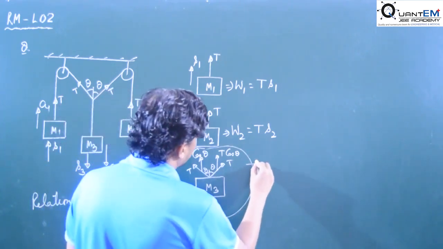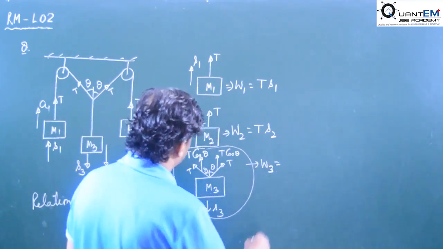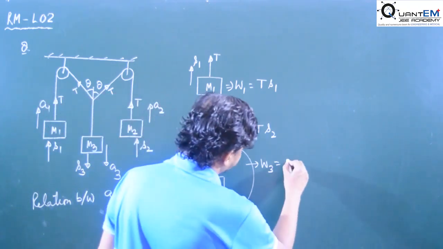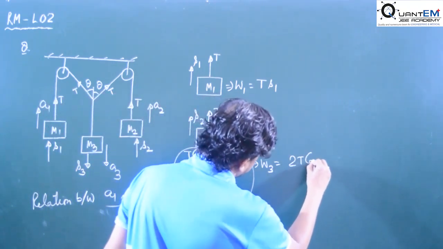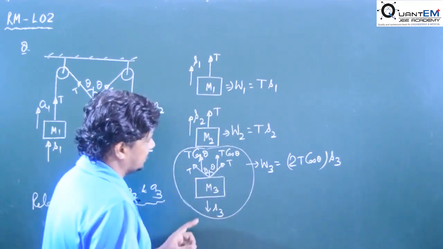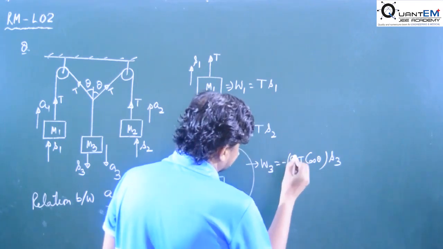So now we come to this part. For this part work done W3 is equal to net tension against the displacement, 2T cos theta, into displacement S3, and these are against each other, cos 180 degree, that will be what?